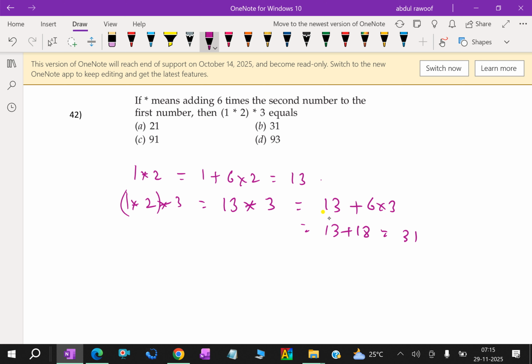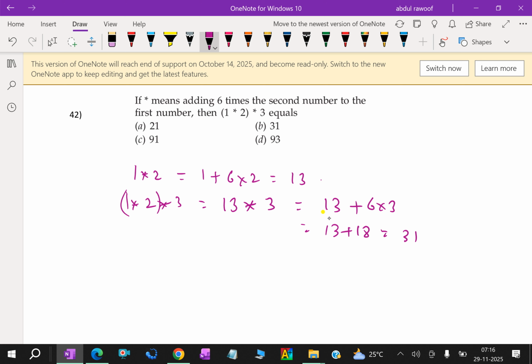Let me check one more time. 1 star 2 is 1 plus 6 into 2, that is 6 times the second, so 13.